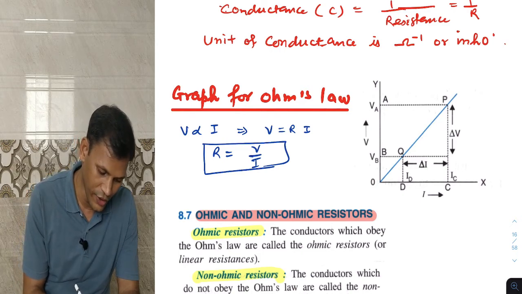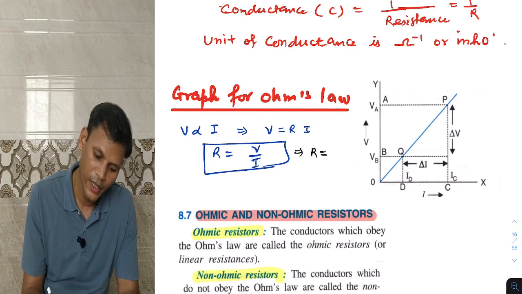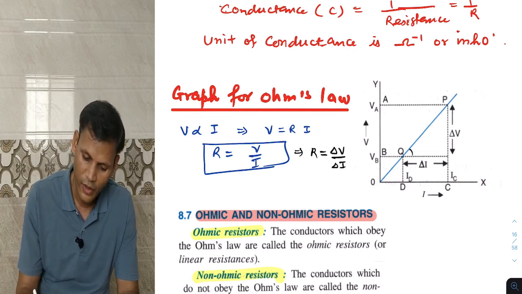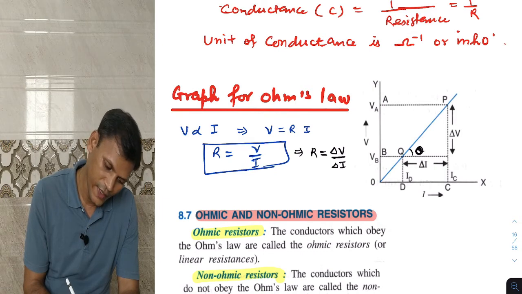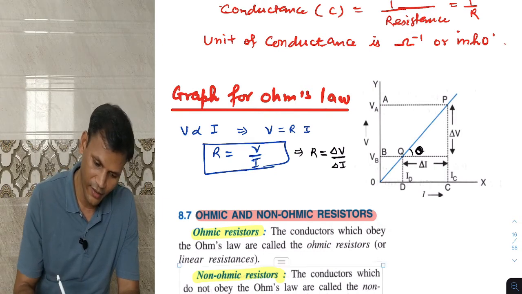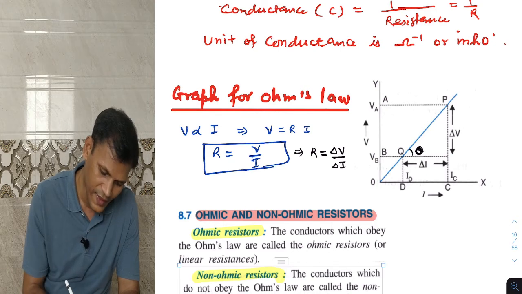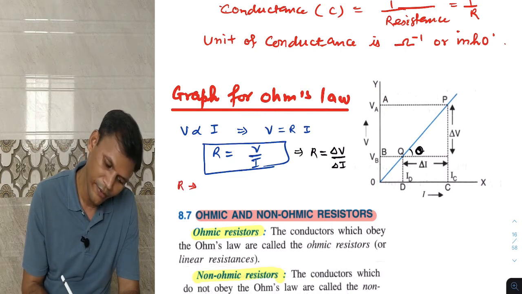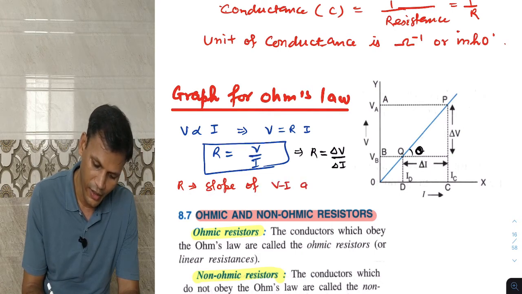So from this graph R will be delta V upon delta I. What is slope? We know tan theta, this angle is theta. So resistance R we can find by finding the slope of the VI graph.